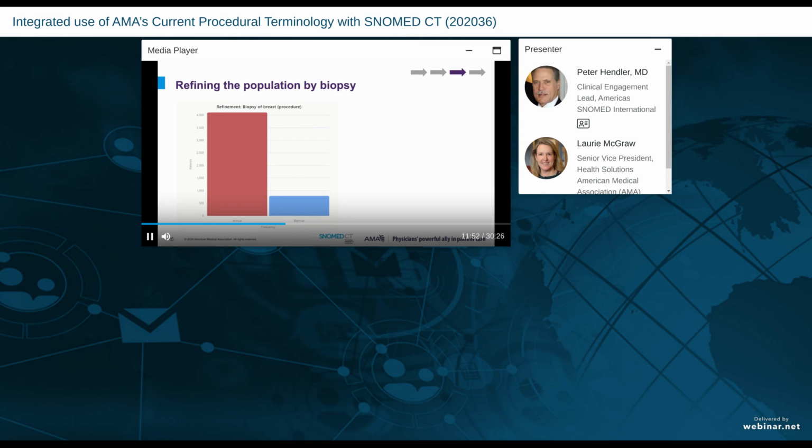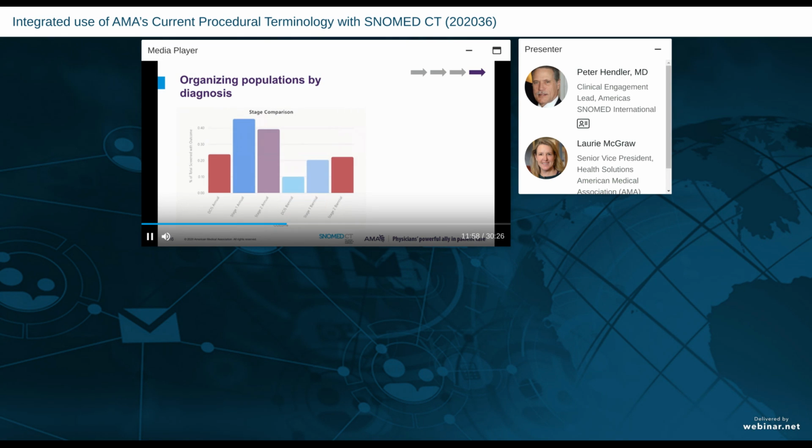From here, positive results will fall into different categories also defined by SNOMED. So these are the SNOMED defined stage comparisons. SNOMED makes it easier to sort through each stage of treatment and identify the different populations along the care pathway.